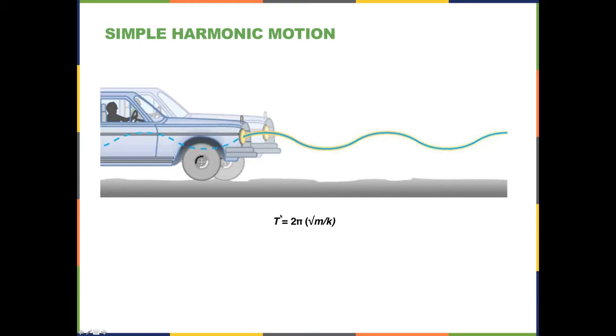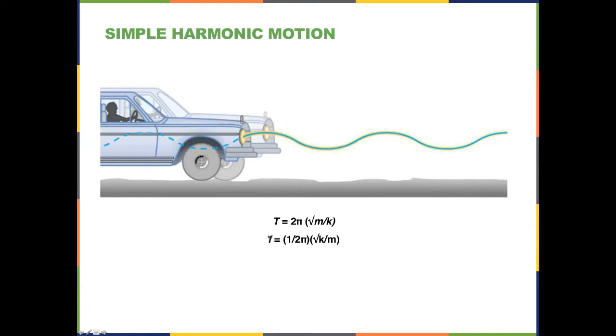So the period in simple harmonic motion is equal to 2 pi times the square root of the mass divided by the spring constant. Whatever mass is causing the deformation, divided by the spring constant, you take the square root of that, multiply by 2 pi, and that gives you the period.